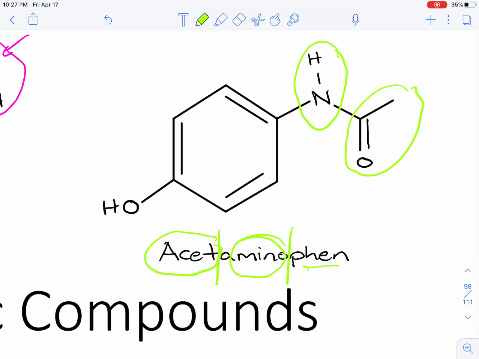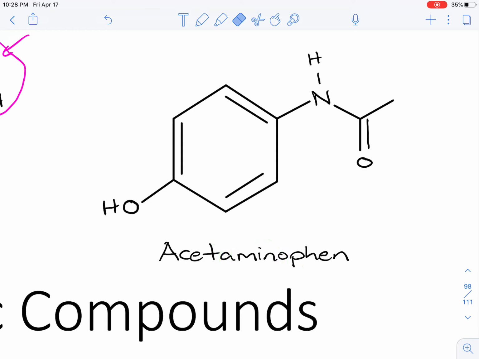And then fen is shortened from the word phenol. We're going to discuss phenols in this lecture video a little bit later. So the word acetaminophen stems from the main composition of this organic structure. We have a phenol, we have an amino group, and we have an acetyl group. Combined, we get acetaminophen.